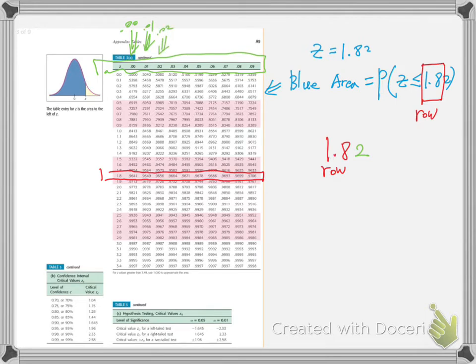This tells us which column we need, so the third number in the row is the answer, the blue area.